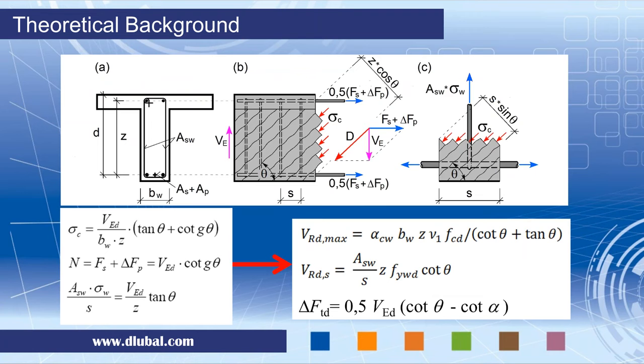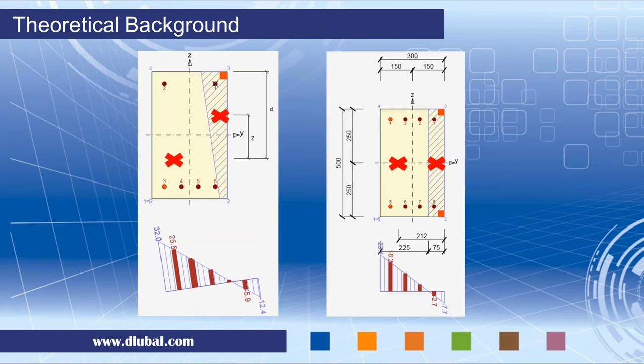We will also touch on the shear analysis, the equilibrium conditions, and how the Eurocode formulas are derived from these equilibrium conditions. What more, what is the role of the lever arm caused by the flexure in the shear analysis? That will also be a topic.